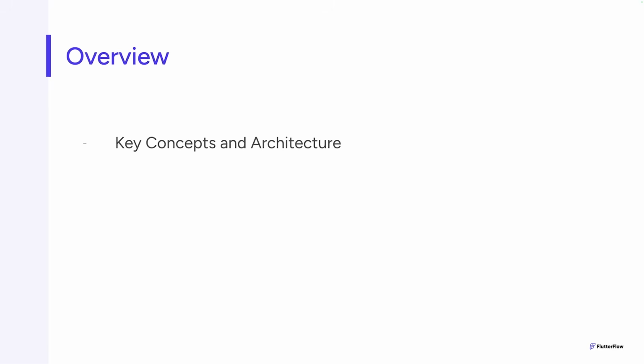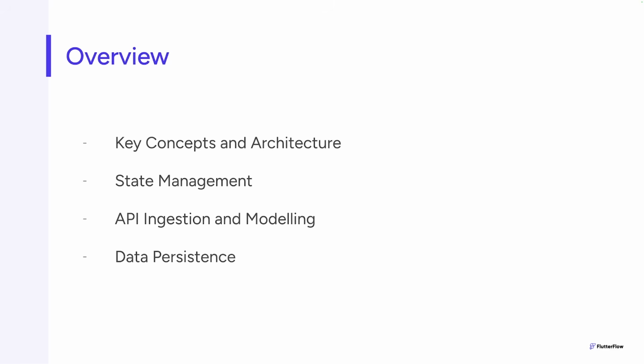We will start from key concepts and architecture. Then we move to state management, and we learn what state means and what state management is. Then we move to API ingestion and modeling so that you will understand the core concepts behind them. We will also review data persistency, as well as authentication and authorization and when to use which.